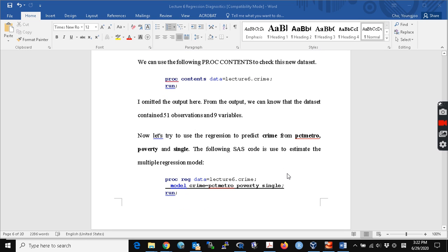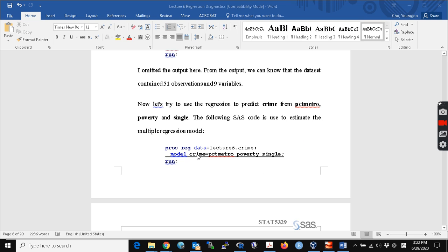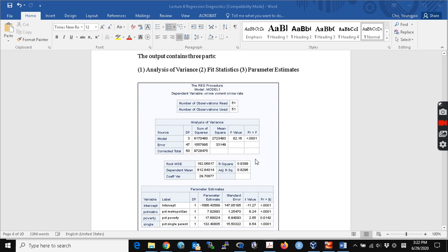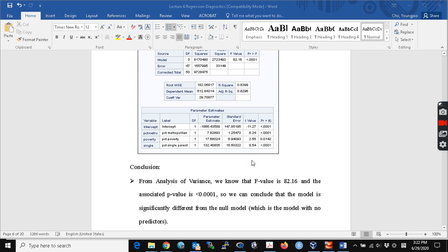The data set has 51 observations and 9 variables, and we fit the model of crime on PCT metro, poverty, and single. Then, same as simple linear regression, we have 3 components in the output.